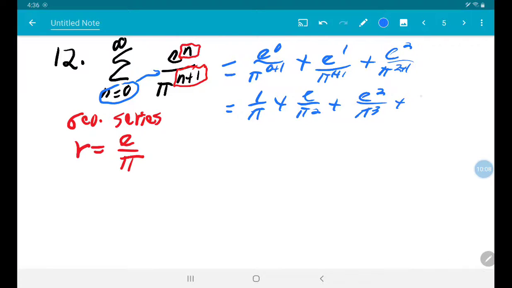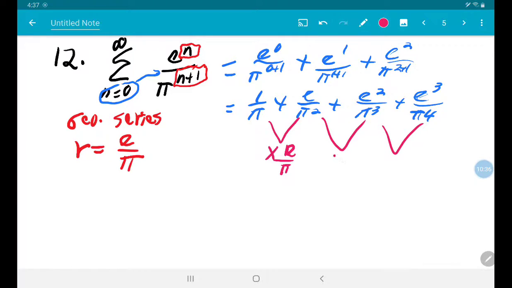And I can keep doing this, but my next term, I can just tell you intuitively, would be e to the 3rd over pi to the 4th. So if I examine this, what I see is that to get from each term to the next, I multiply by e on the top, excuse me, and by a pi on the bottom. 1 times e makes e.